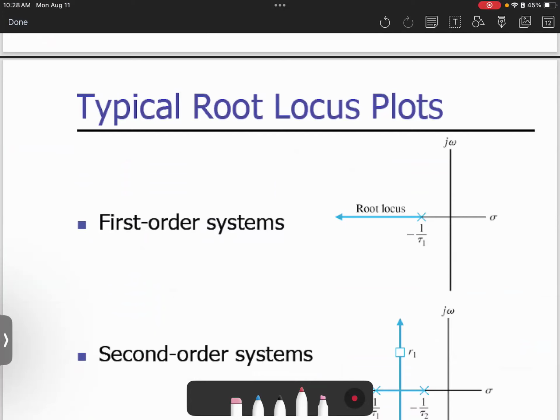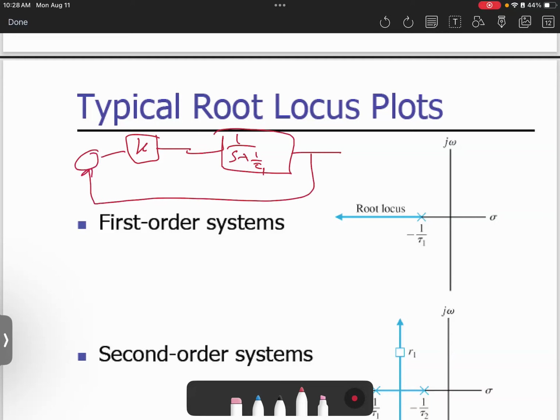Basically, in first order systems, as we discussed in the previous example, the overall system has K times 1 over s plus 1 over tau. Then when we do the closed loop, this is negative, this is positive.